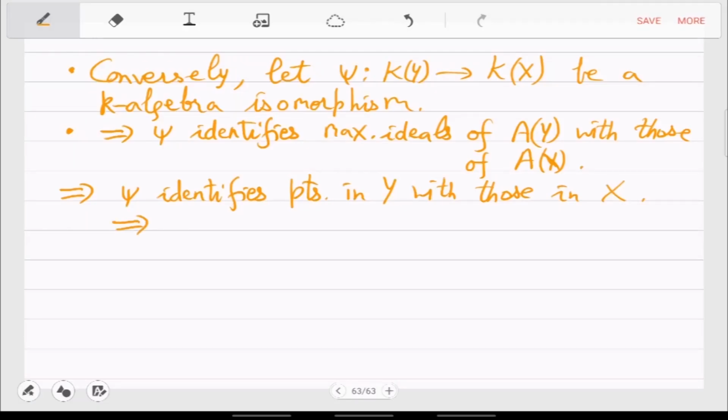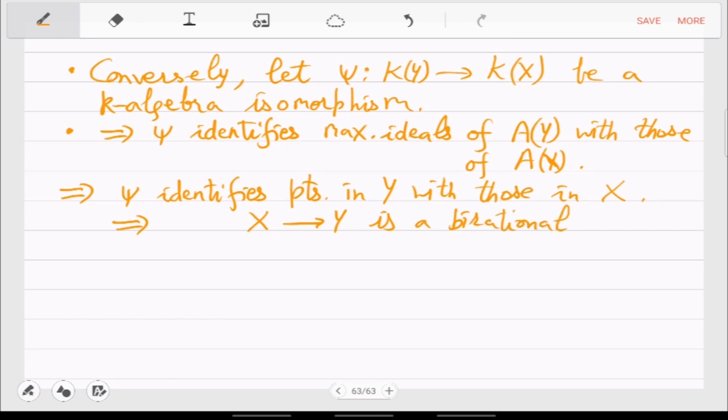Okay, which is why I said that if you have a rational map from X to Y, you get a field homomorphism in the reverse direction. And when it's an isomorphism, then you have an algebra isomorphism. So this means that X arrow Y is a birational map.